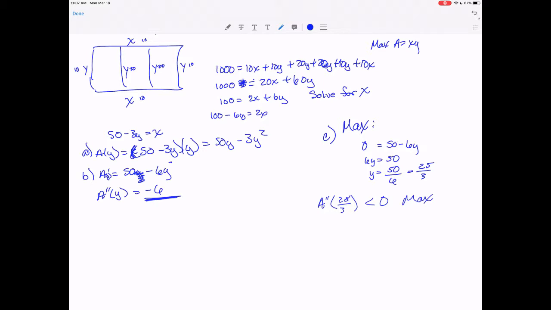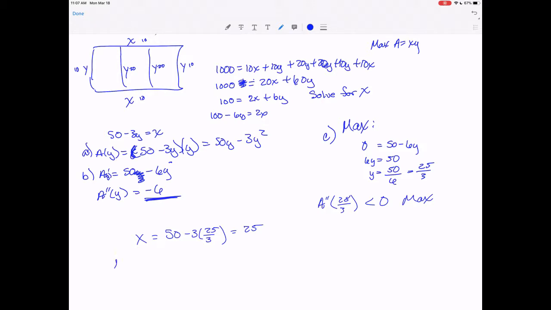Okay, so if I found 25 thirds for y, I have 50 minus 3 times 25 thirds. That's my x. Now I'm looking for x. So I have 25 as x. Okay?